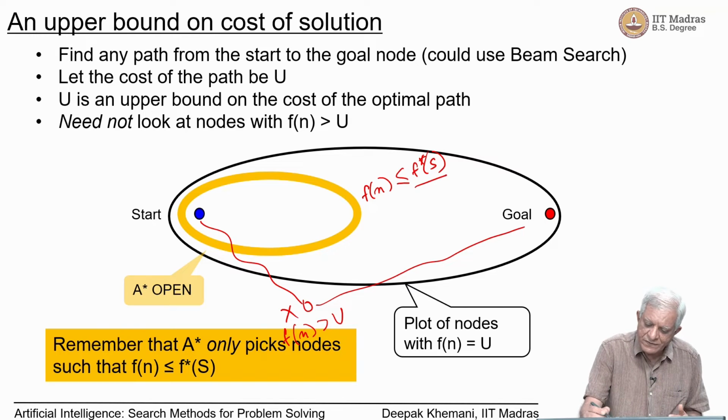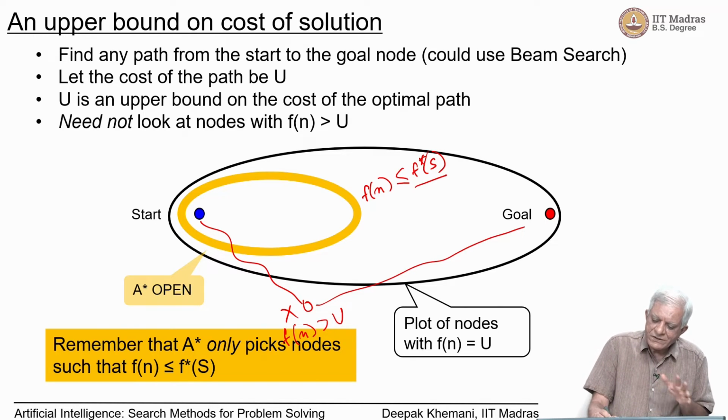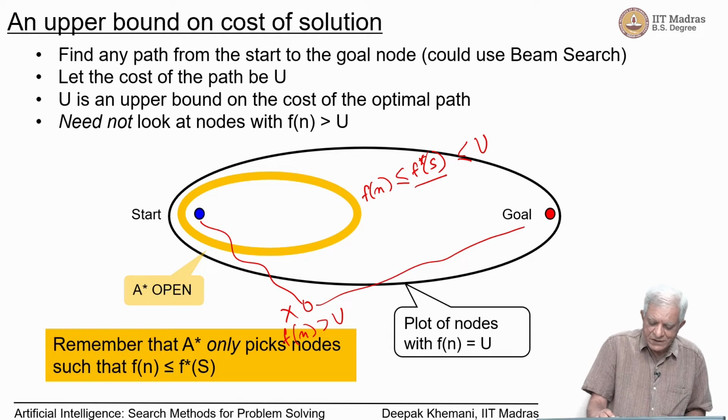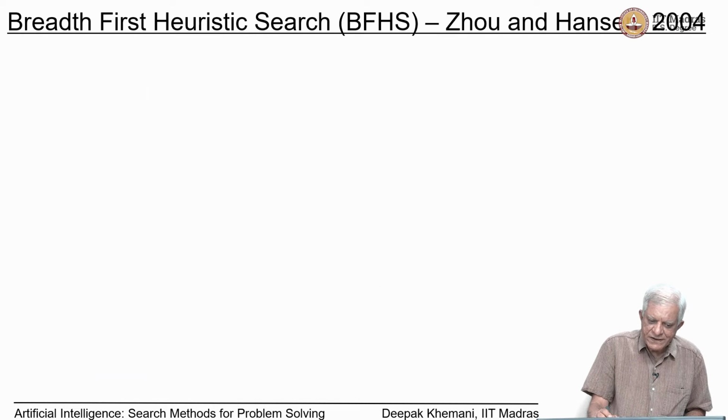This optimal cost we may not know, but it is going to be less than that. So, it is definitely going to be less than or equal to the upper bound essentially. So, for A star this property already holds essentially, but we can think of other algorithms where we can exploit this fact essentially. So, one of the algorithms that we look at is called breadth first heuristic search.